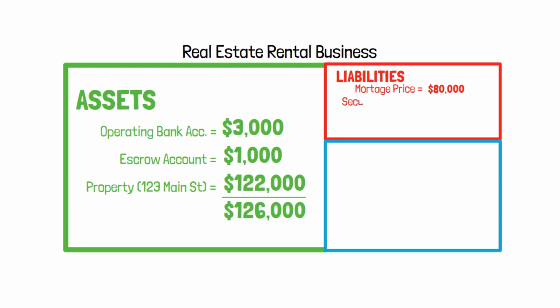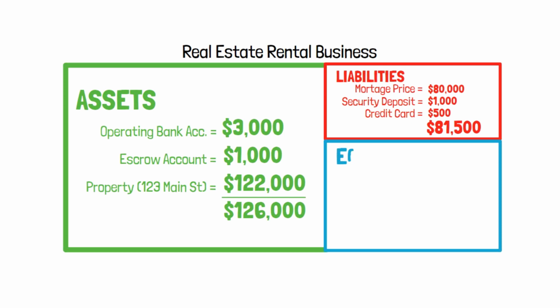This is followed by the security deposit of $1,000 that your first tenant paid, which we also saw in the escrow account in the assets column. We also see that the business had taken on a short-term credit card loan of $500, perhaps for repairs or supplies. These together make a total of $81,500 in liabilities.